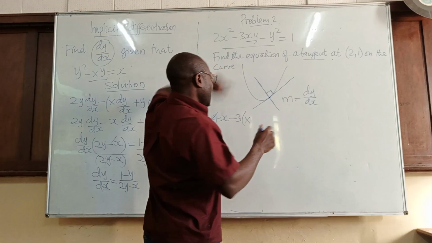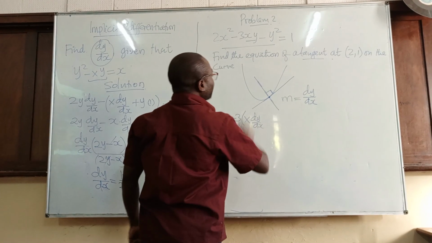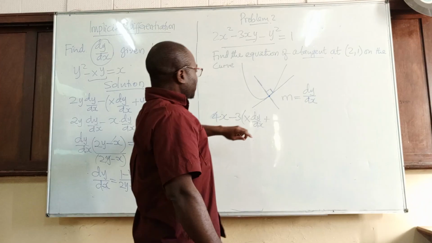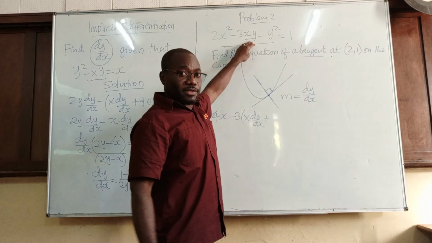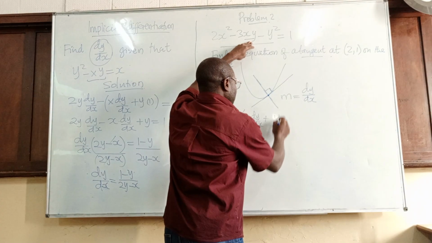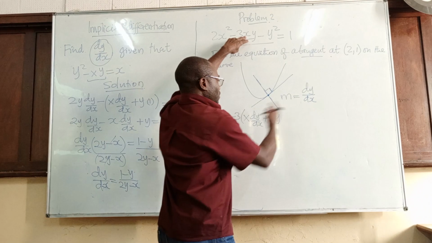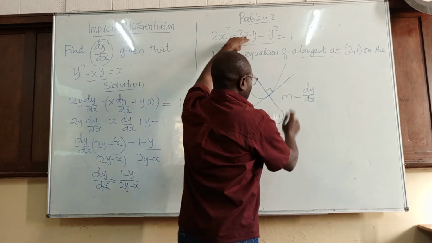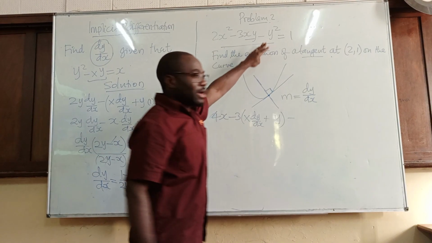But I'm differentiating y, so I'll write dy over dx there. The next thing is to add. This time around, I'm going to keep y constant, so I'll write it, and then differentiating x, the answer is just 1. So 1 times this, it just becomes that. That's what we get, minus y squared.